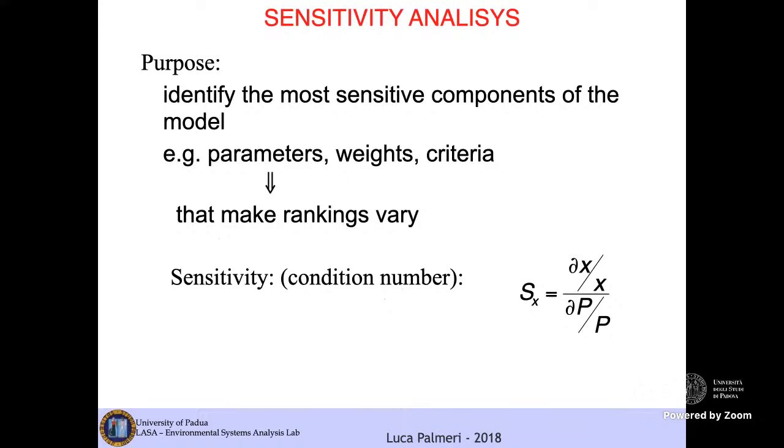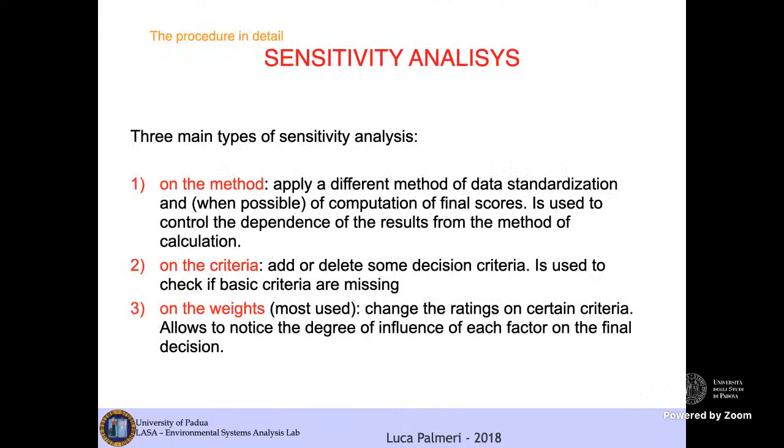Typically, the purpose is identifying the most sensitive components of the model, maybe parameters, weights, or criteria, that make rankings vary significantly. We classically employ the condition number, a number that tells us how much the values of the indicator vary proportionally as a consequence of the values of the parameters.